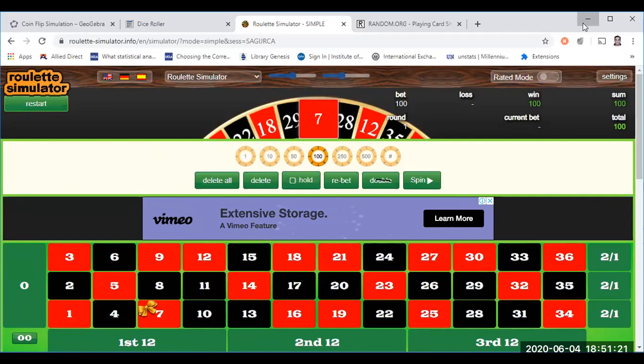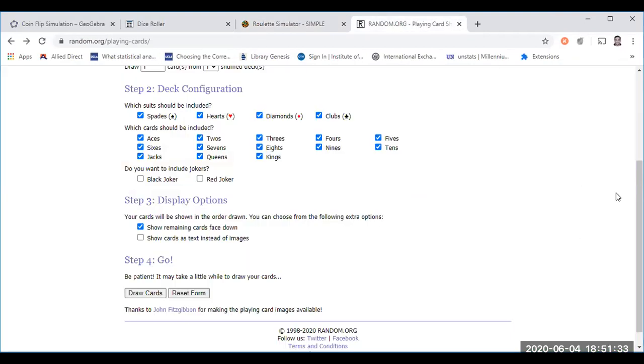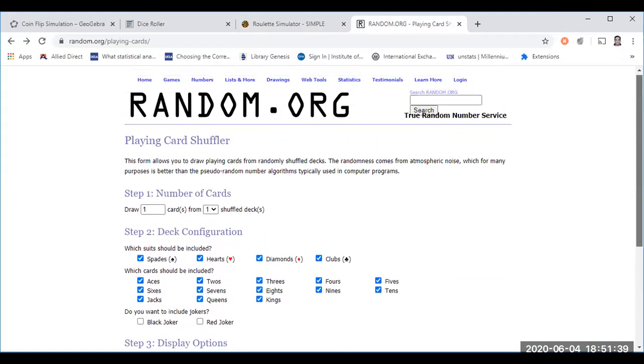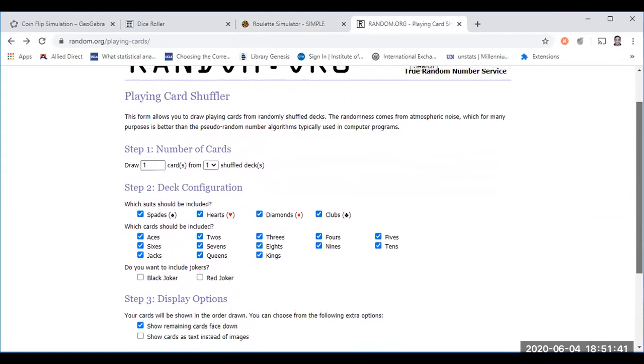Okay, now let me show you another experiment, which is the cards experiment as well. The last one is of the cards. I'm sure you've seen playing cards before. I think I've put a picture of playing cards on my Google site as well.